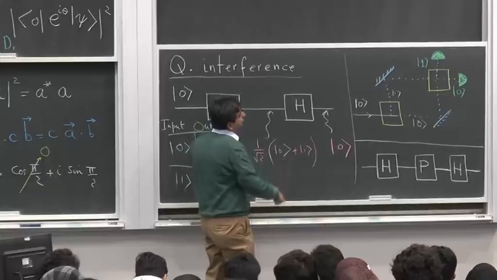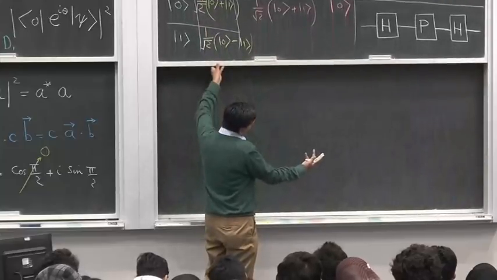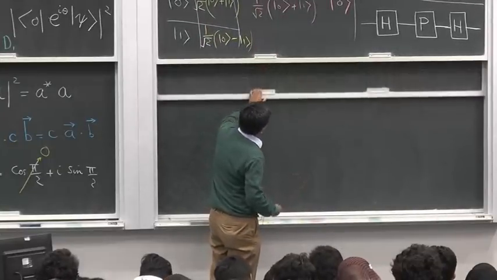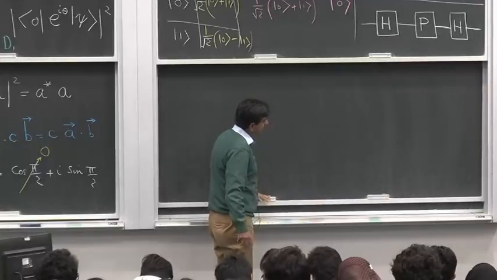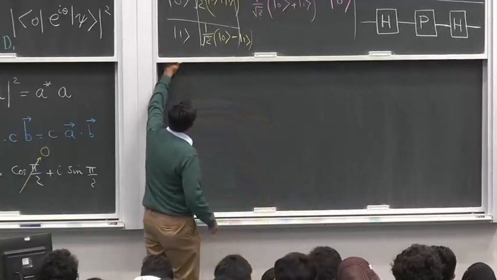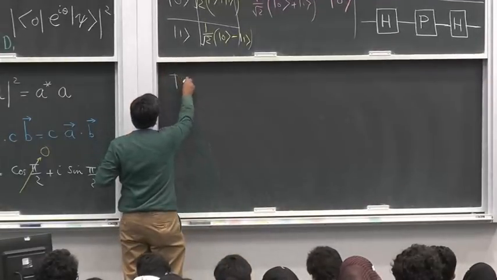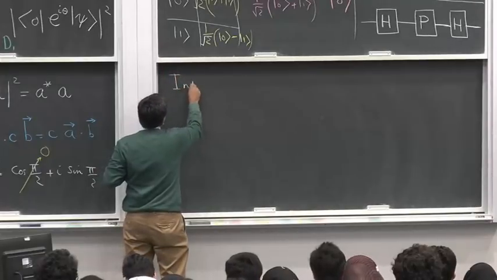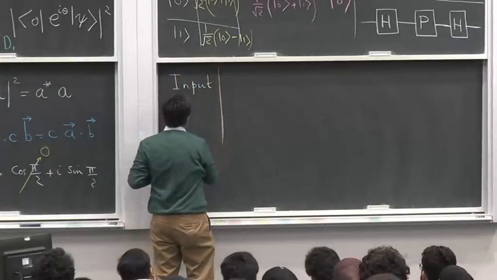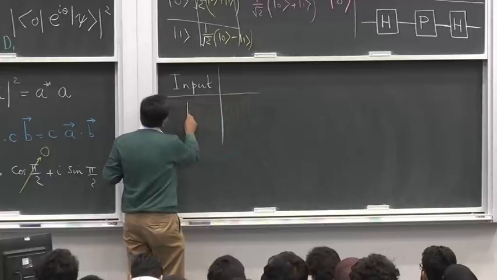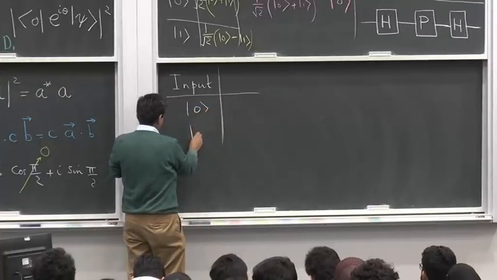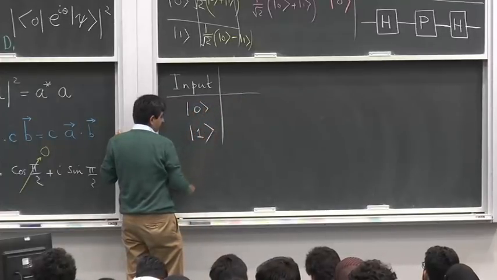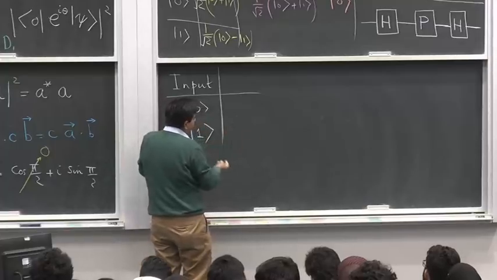So if I write down the truth table, now I'm defining the truth table. Input. I only need to define what happens to ket 0 and ket 1, because these two states span the entire basis.